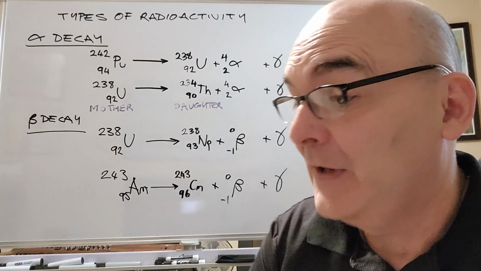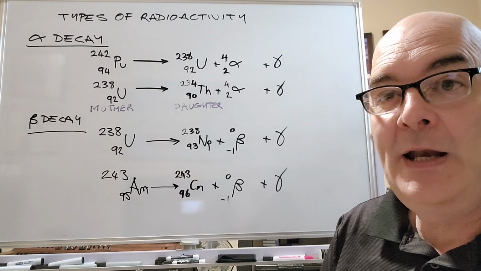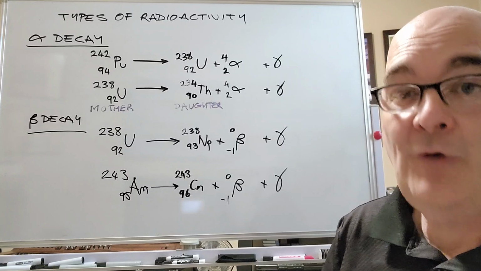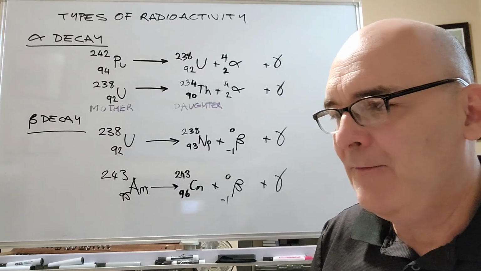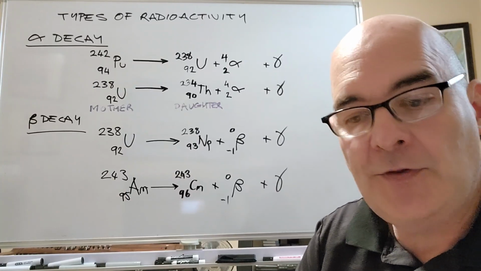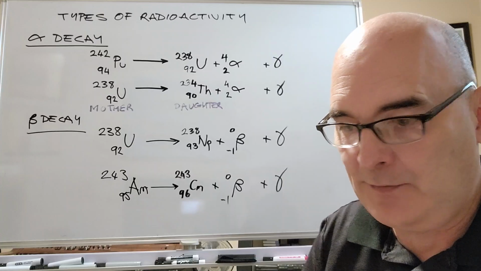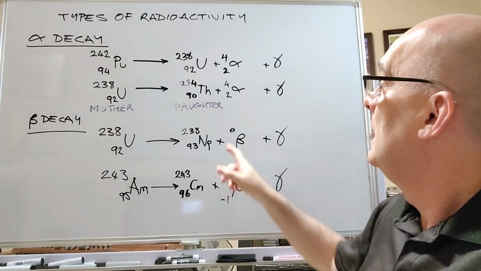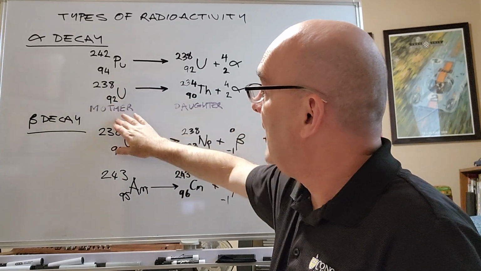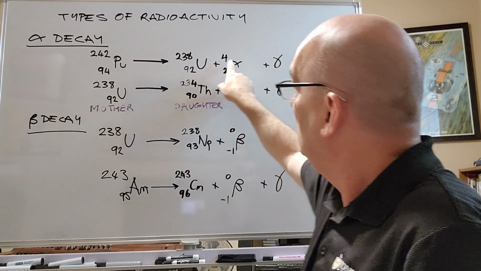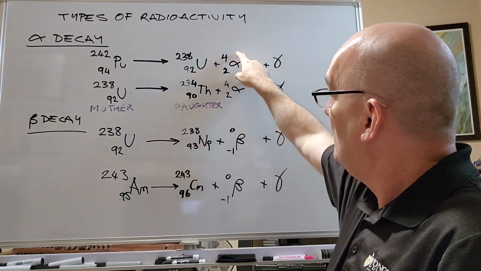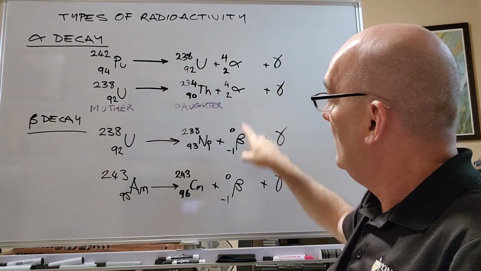Okay, as a recap, these are our 3 types of radiation: alpha particles, beta particles, and gamma rays. Gamma is a very high energy wave that is emitted during both of the other 2 processes, alpha and beta radioactive decay. The daughter nuclides of every mother reactant can be found just by knowing the mass number and the atomic number of the particles.